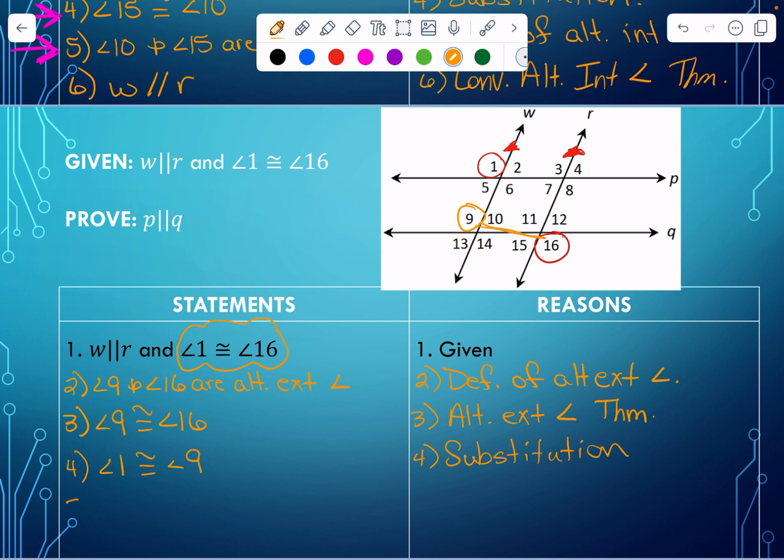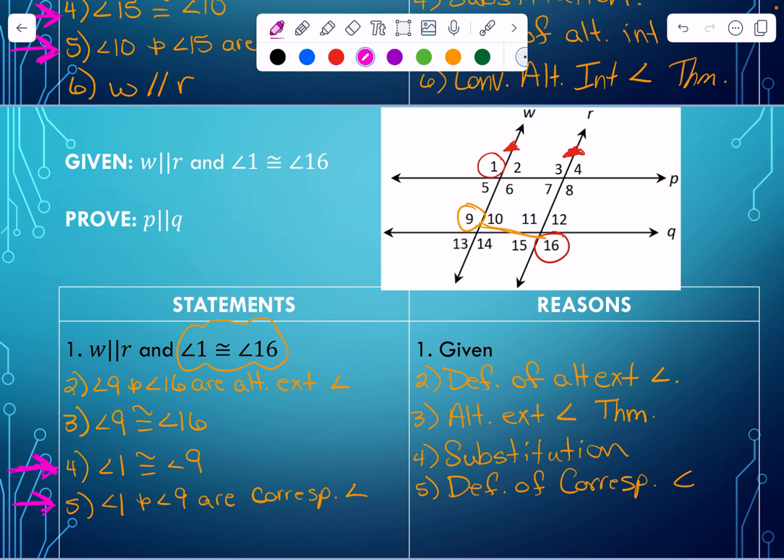Okay, now we need to define them. So angle 1 and angle 9 are corresponding angles. Okay, and that is by definition of corresponding angles. Now we take a look here. I've proven that they're congruent. I've proven that they're corresponding.